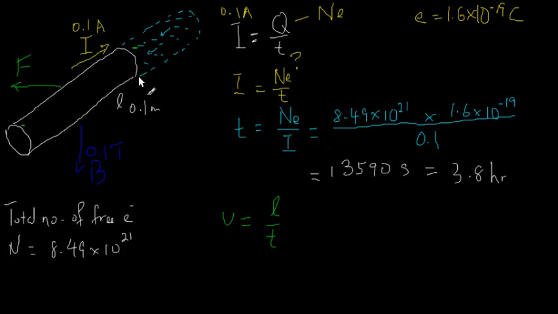And the electron that would just arrive at this end of the rod after this time would have started further back, at a distance of 0.1 meter.